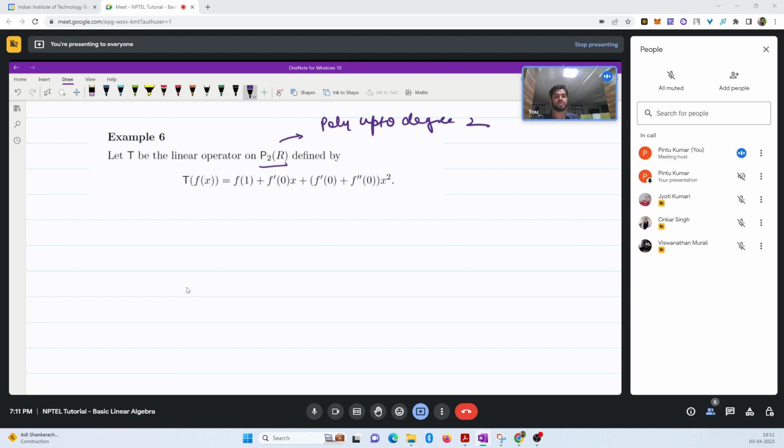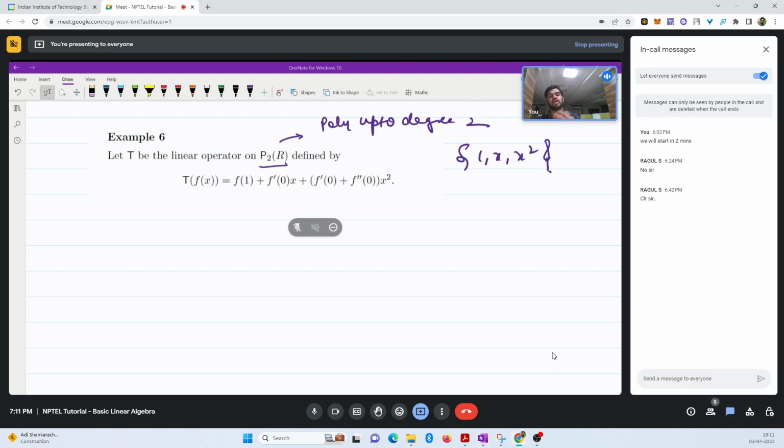So its basis can be given by 1, x, x square. In this example, we'll first have to form a matrix corresponding to this operator and then check whether it is diagonalizable or not. We'll take this as a full-fledged example and also find all the possible eigenvectors.